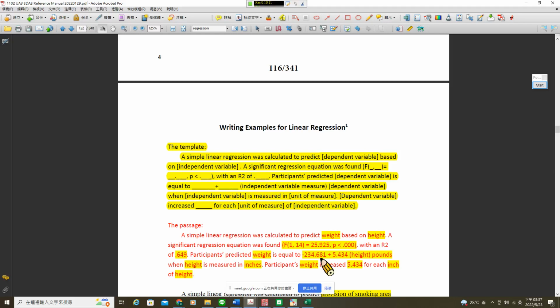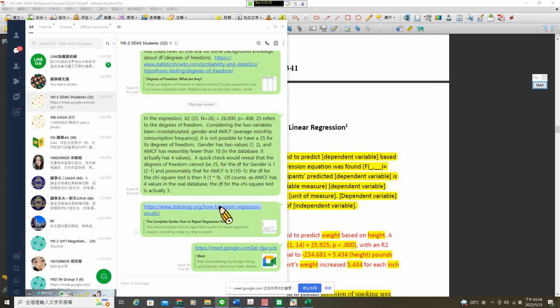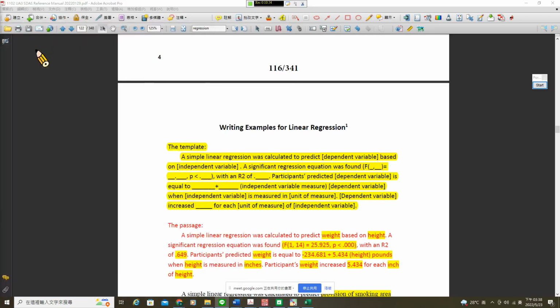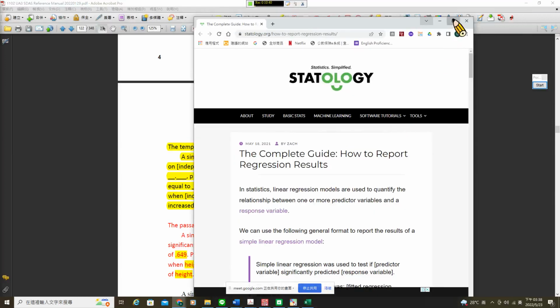And I also posted a link for you. There are many different forms, different ways to report a linear regression. But there are some requirements, and some of the requirements are here. Let me show you. You can click the link, just like this one, and get into it. If you click, you will find this document, this website.